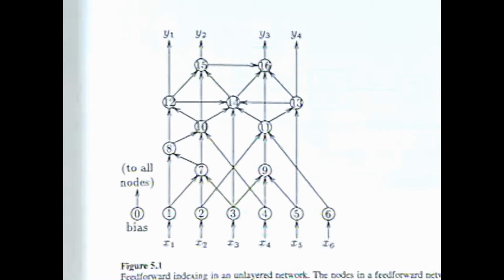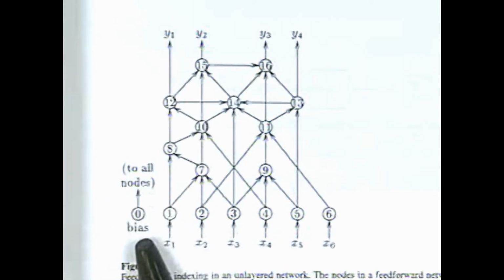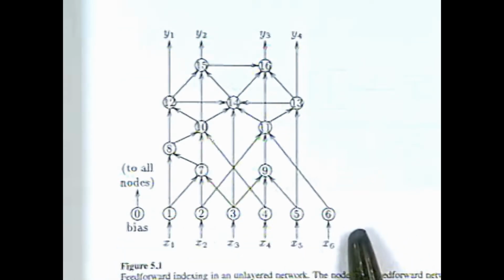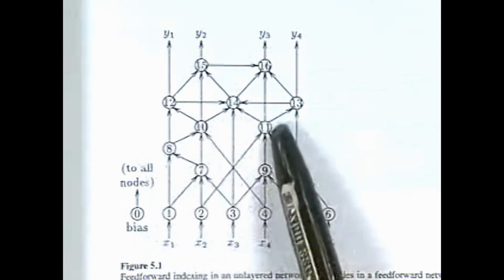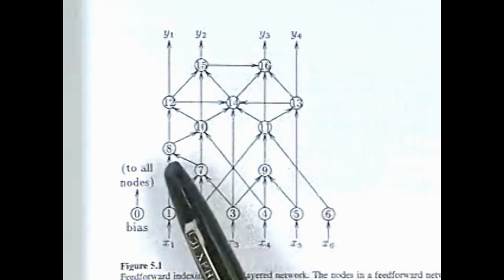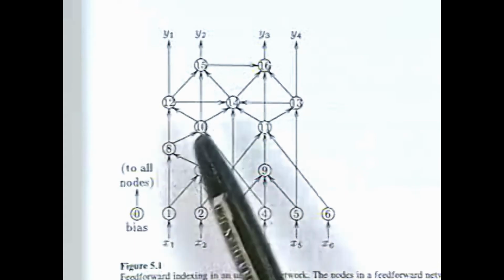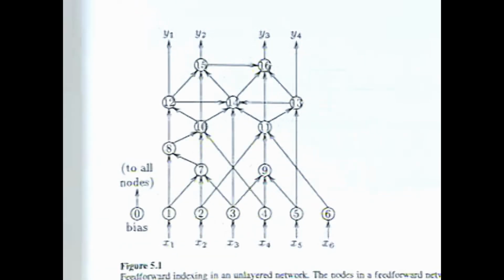And the layers do not need to be specific layers. In order for a feed-forward network to exist, we should be able to do the following. We should be able to number things. We'll talk about the bias node in a minute. We haven't had a chance to talk about that. But we number the inputs 1 through 6, and then we number all of the other neurons. And when a neuron is connected to another neuron, it has to be connected to a neuron of a higher number.